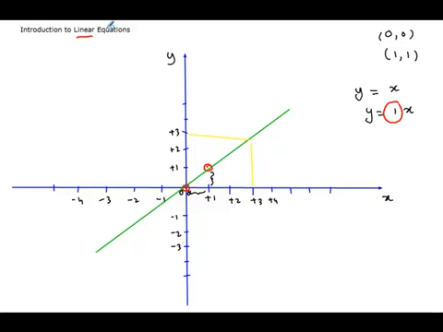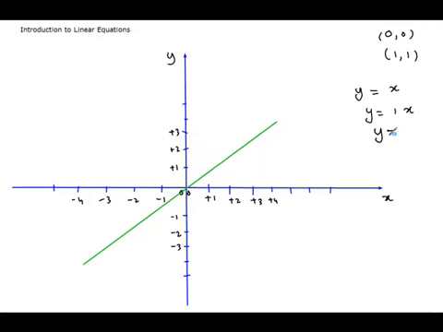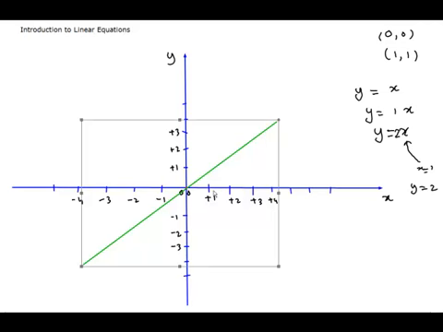Now suppose you have another line. When you say y is equal to 2x, this is another line, but here for x is equal to 1, if I put x is equal to 1 here, then y becomes 2. So for that the line has to be such that for x is equal to 1, y has to become 2.